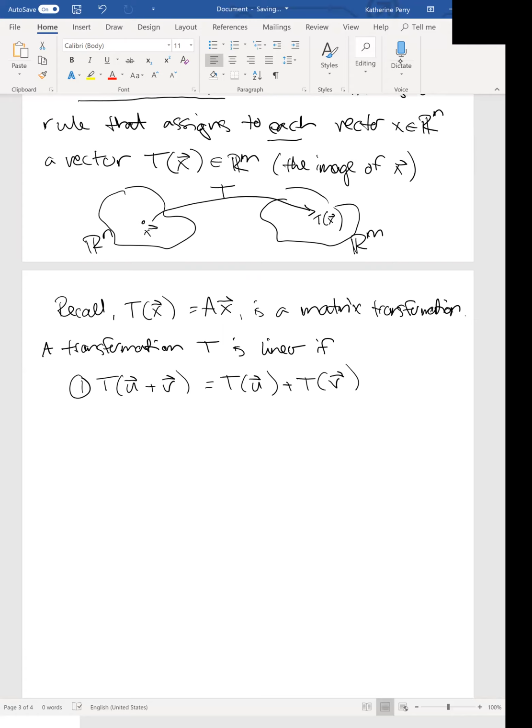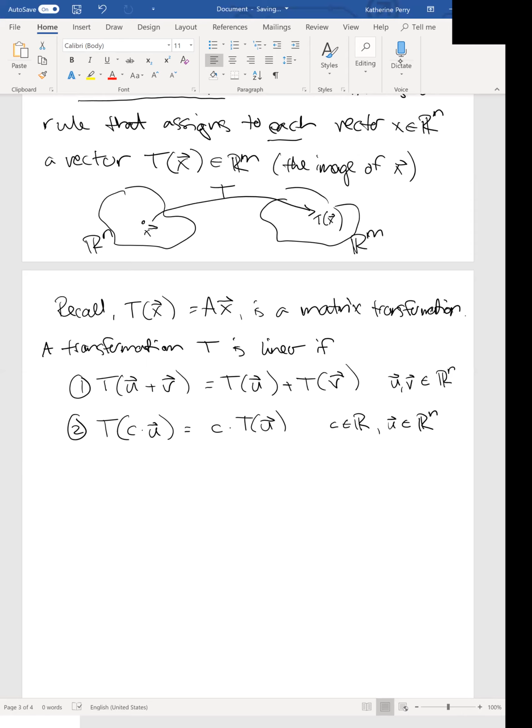And here, u and v are both in Rn, so they're input vectors. And also, if I have the transformation of c times a vector u, then that's equal to c times the transformation of u. And here, c is in R, it's some real number, and u is in Rn.